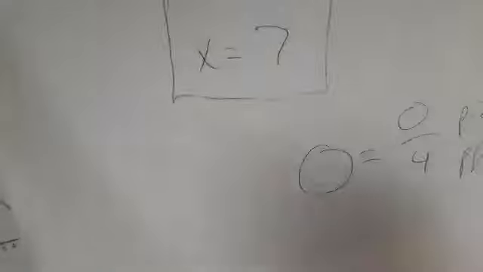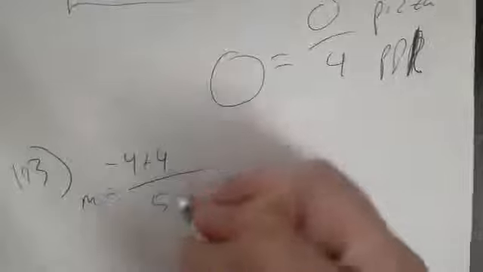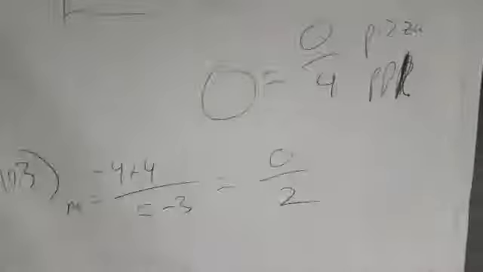191, 193. I think it's 0. Right. And so we get minus 4 plus 4, 5 minus 3. I'm getting 0.